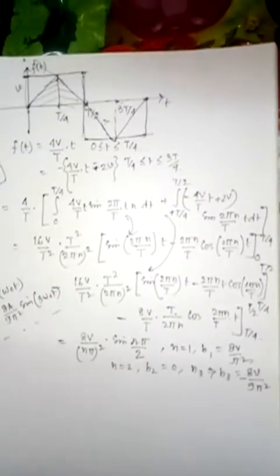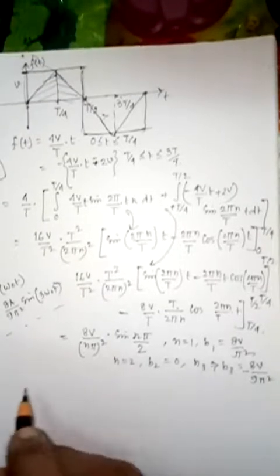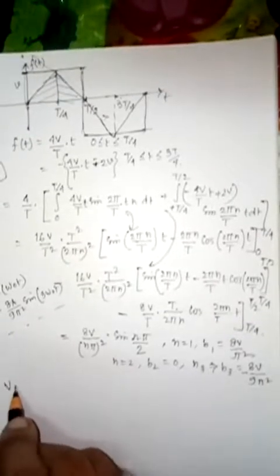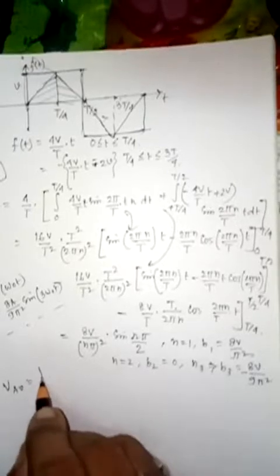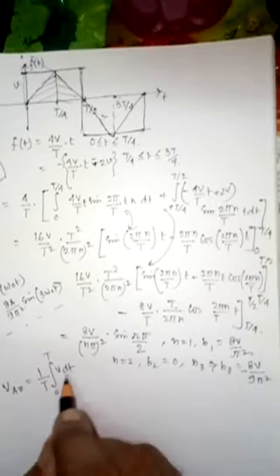Now one thing I would like to say at the end of this session: you have to find the V average. It is 1 by T integration from 0 to T of V dt.